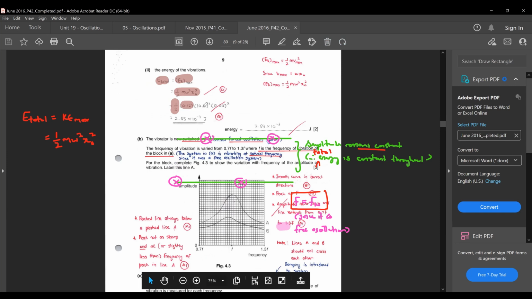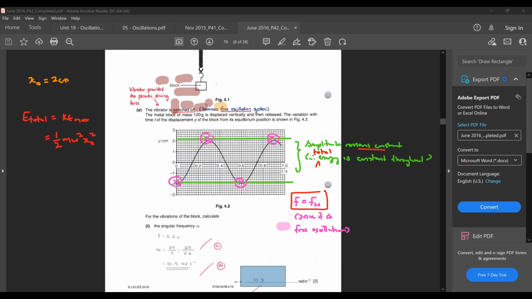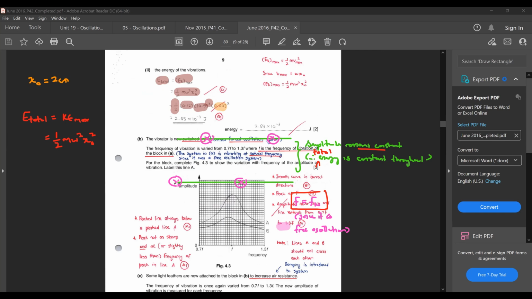Don't forget to square your answer. And then sum in the value of your amplitude. Your amplitude, if you look from the graph, is actually 2 centimeter. So remember to change it to meter, and don't forget to square it also. Eventually, your answer will become 2.65 times 10 power minus 3 joules.